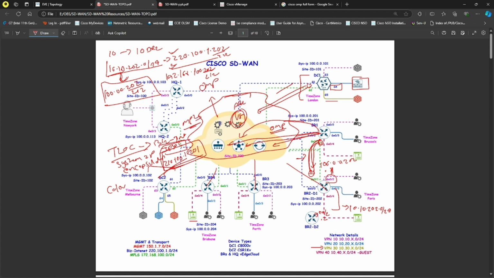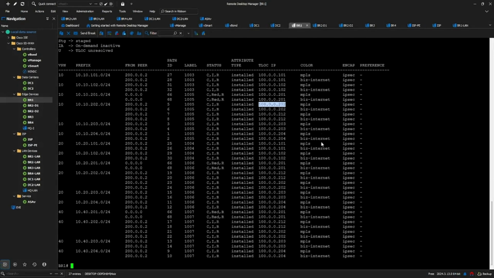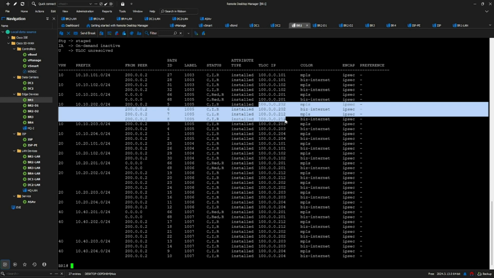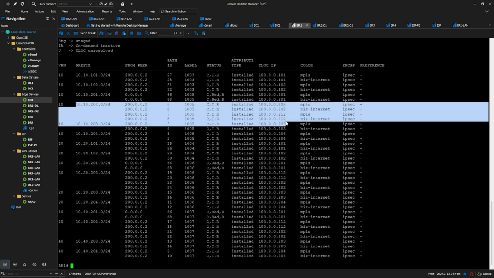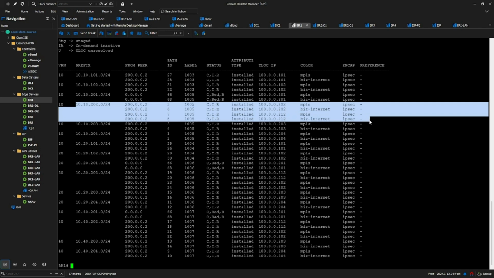With branch 2 having device 1 and device 2, that means two paths this way, two paths that way, a total of four paths I am learning. If I go back to my routing table, you see that I'm learning 1, 2, 3, 4. The same prefix, learned from both devices over MPLS and the business internet.